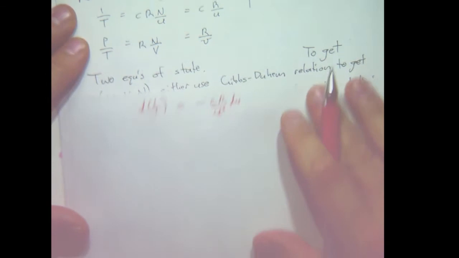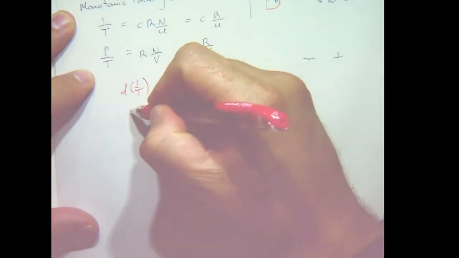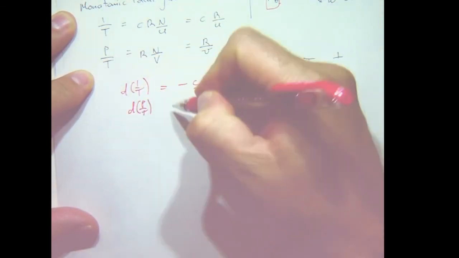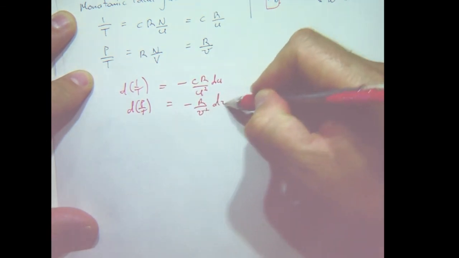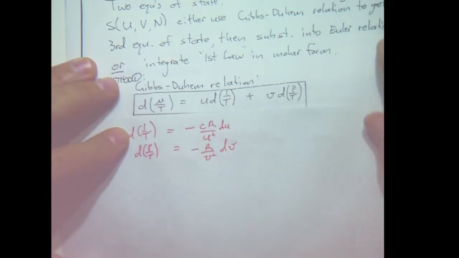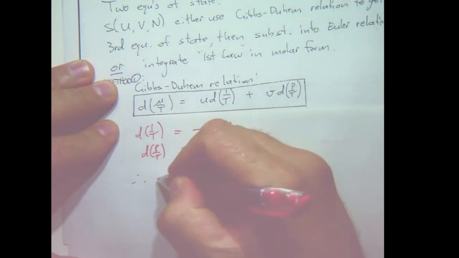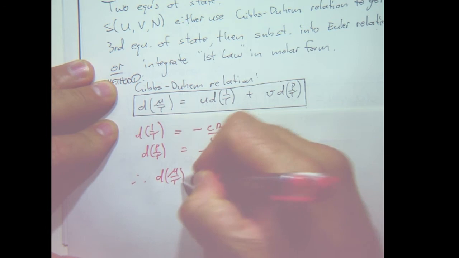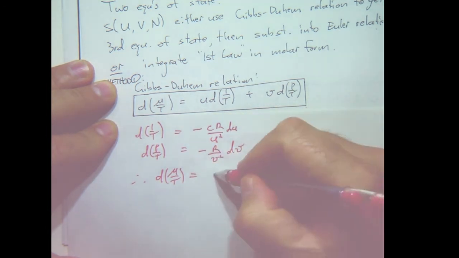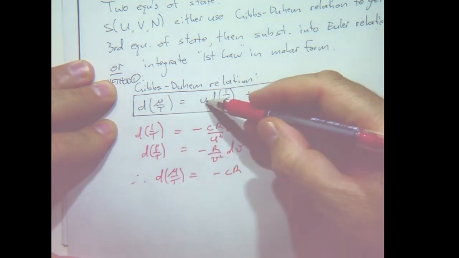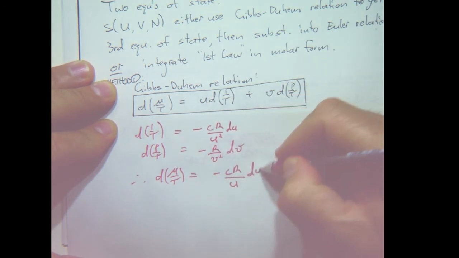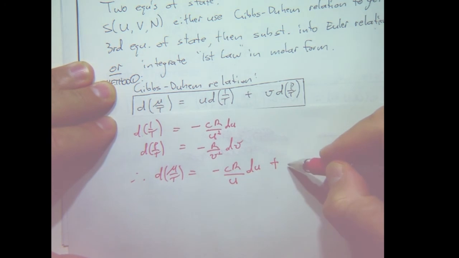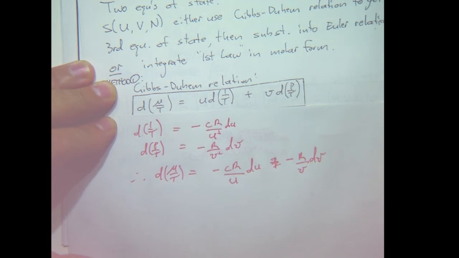And d(P on T) is minus R on V squared dV. So therefore, d(mu on T) equals minus CR on u squared times u, so u cancels one of the factors in the denominator, so minus CR on u, du, minus R on V, dV.